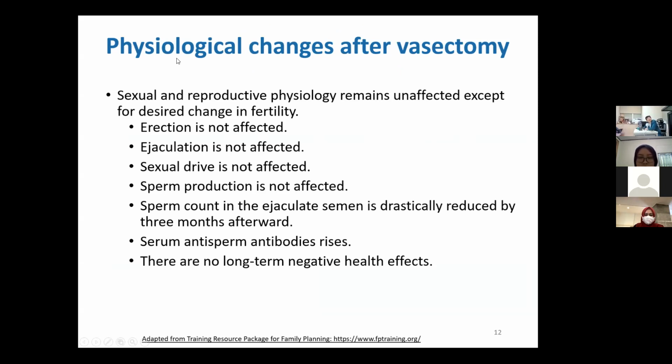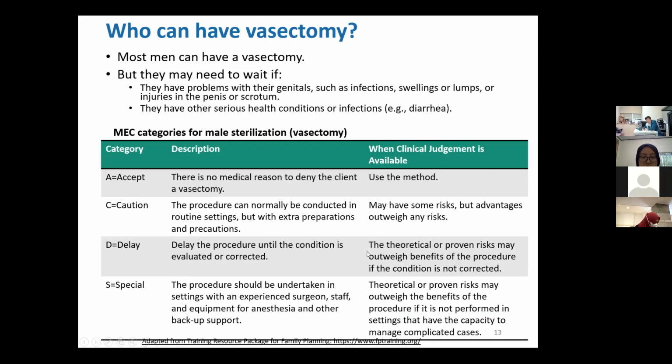And we have some physiological concerns: ejaculation, erection, sex drive are not affected. Long term is fine, but the serum anti-sperm antibody will rise. So it's not easy to get pregnant once you do reverse surgery, because sometimes the antibody will keep going.